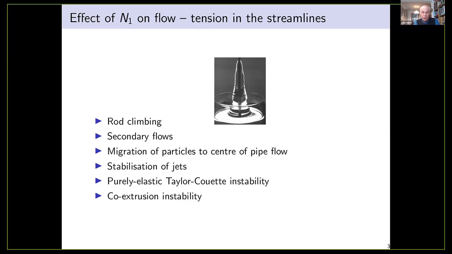Those flow lines down the channel, down the pipe, are in tension. And if we have particles in that flow, then the streamlines that go around the particles on the wall side will be in higher tension than those on the centerline side. And so those higher tensions on the wall side will just nudge the particles and they'll all migrate to the center of the pipe, typically quite quickly.